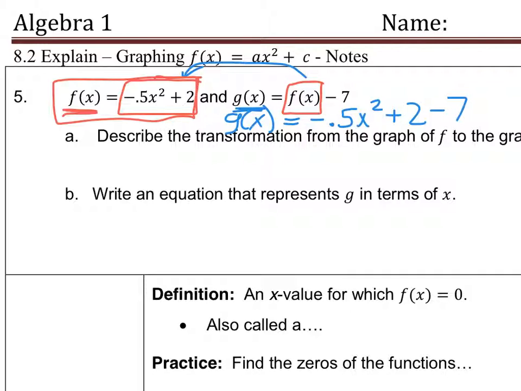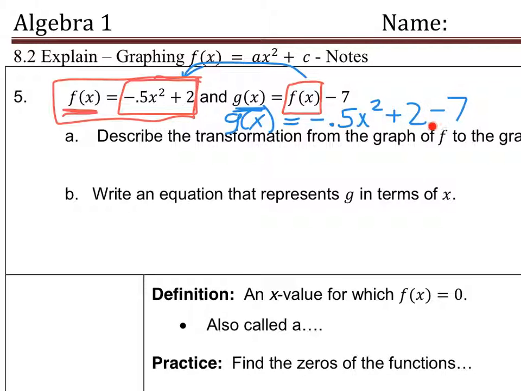So how did they change? Well, we can look and see that our x squareds are not going to change at all. Our x squareds are the same. But our f of x starts at +2, and our g of x starts 7 units lower than that. So it's actually going to start at +2, and then we're going to count down 7.